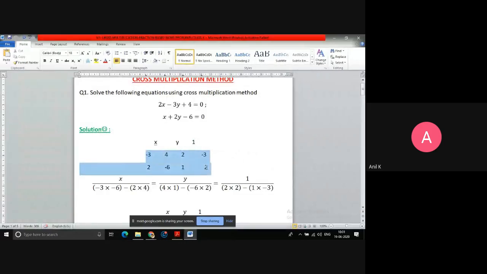Then how do you write these numbers? It totally starts from the y coefficient. Here the y coefficient is -3, and here the y coefficient is 2. So -3 and 2. Then the constant terms will come, +4 and -6. Then the x coefficients will come, 2 and 1.